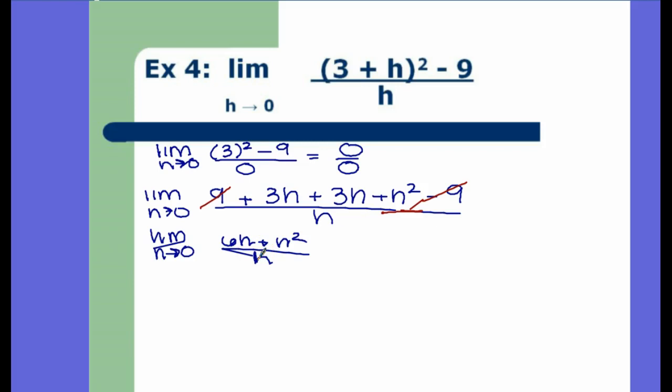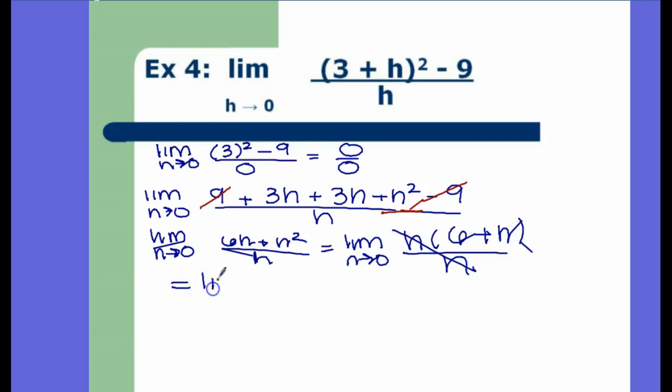So we know that if we have an h and an h squared, we can GCF that out. Take out a GCF of h. The h's on the outside cancel. So this is equal to the limit as h approaches 0 of 6 plus h.